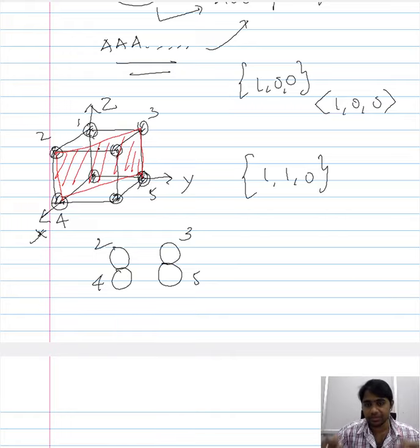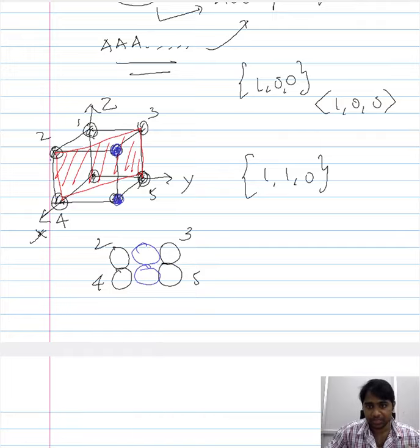And if you consider the family of planes and consider another unit cell, then you have to include these two atoms here, the atoms in blue. These two atoms are positioned between 2 and 3 and 4 and 5, so these will be the positions of the blue colored atoms.